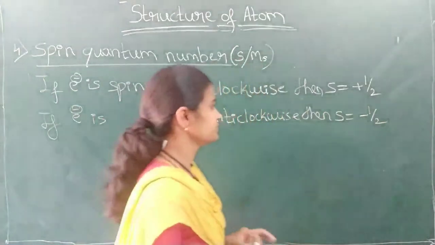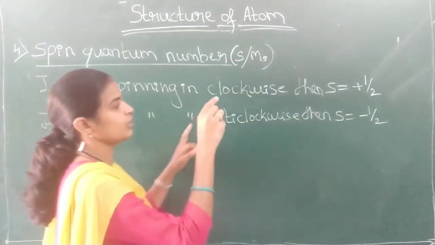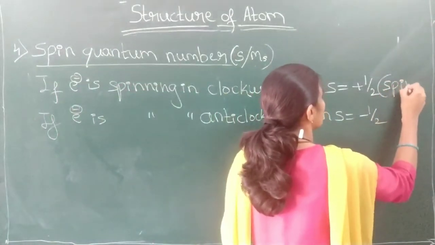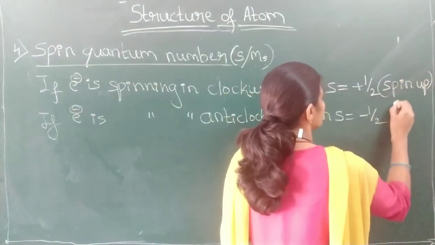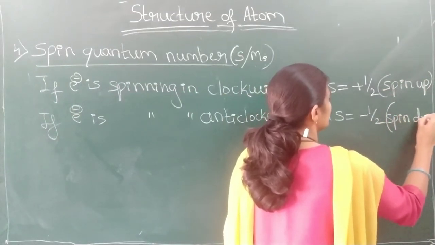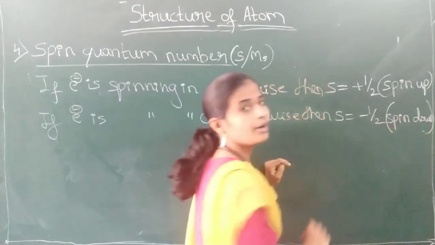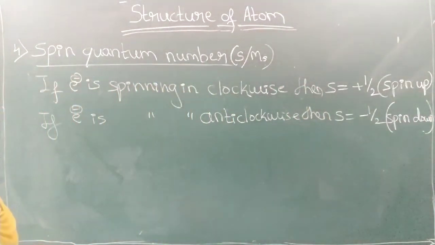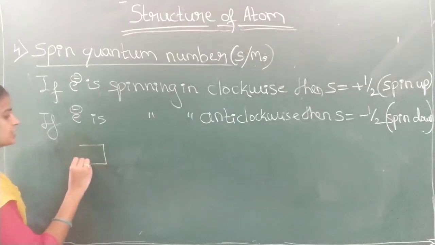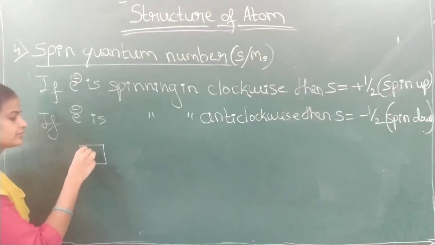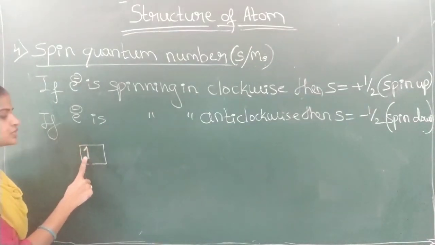Got it? If it is spinning in a clockwise direction, it is called spin up, and this is called spin down. Spin up and spin down. Remember. In the orbit, if I want to represent an electron, if I have written like this, it indicates spin up.